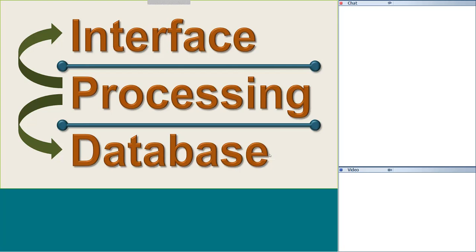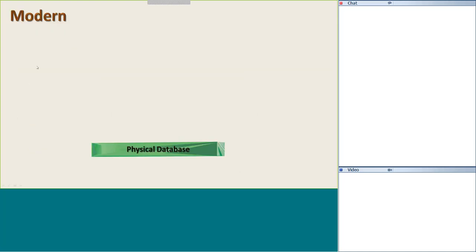Okay. Let's have a look at my block diagram of what a modern application should look like. This is what we are trying to achieve. And this particular course is going to cover all the pieces that I have here and how to achieve this.